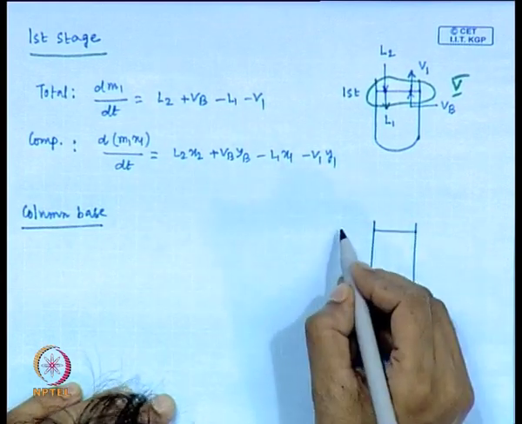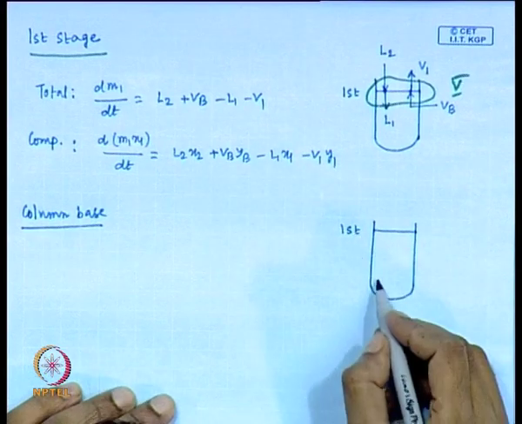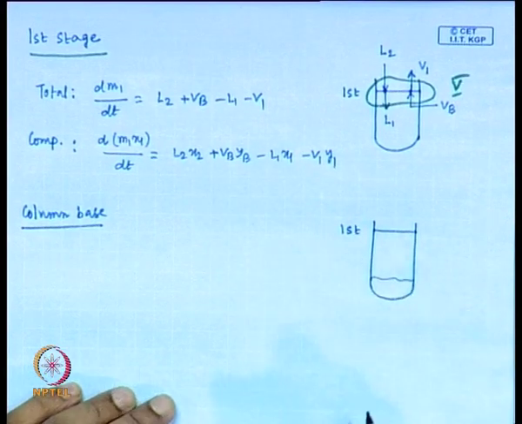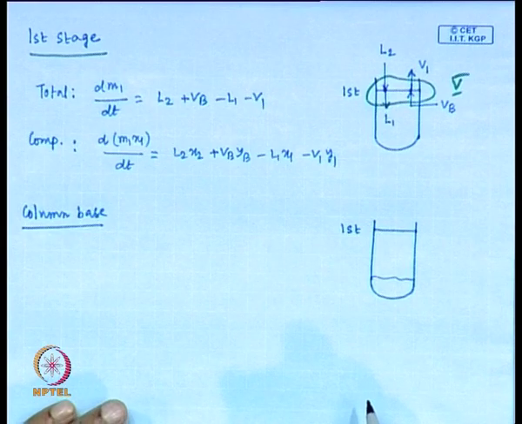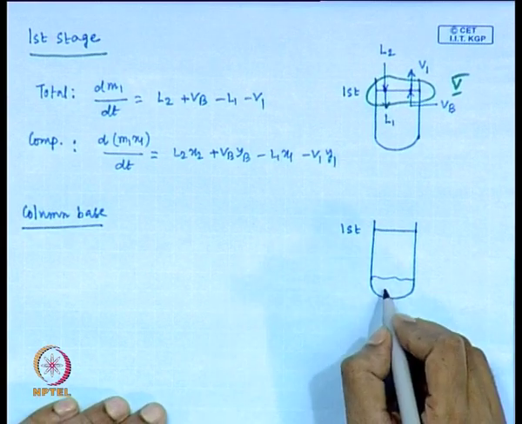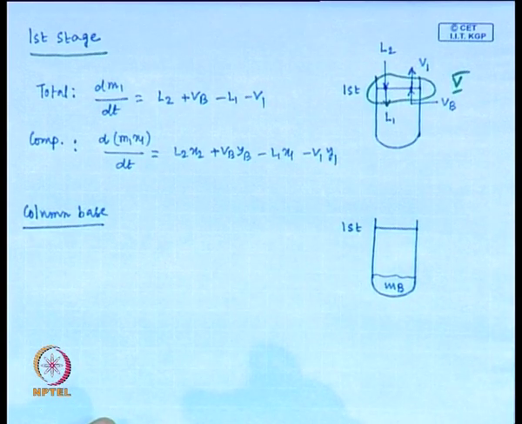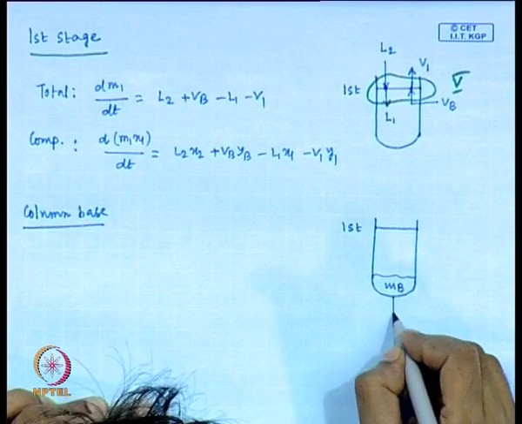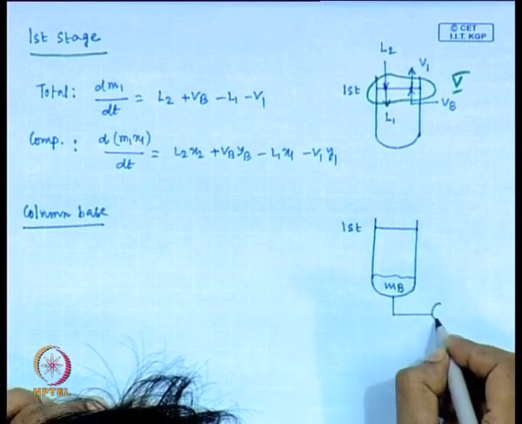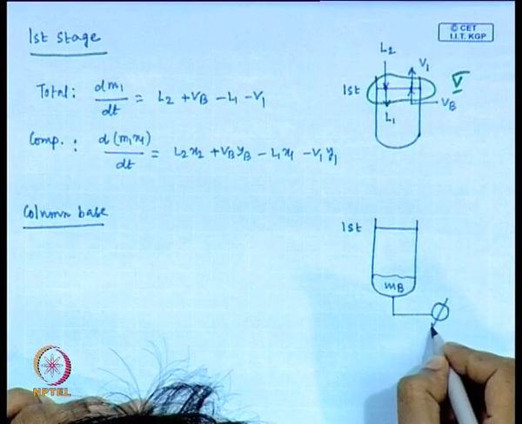This is the first stage and this is the column base. Some amount of liquid is accumulated in the column base. We are considering the hold up is MB, and one reboiler is installed here.